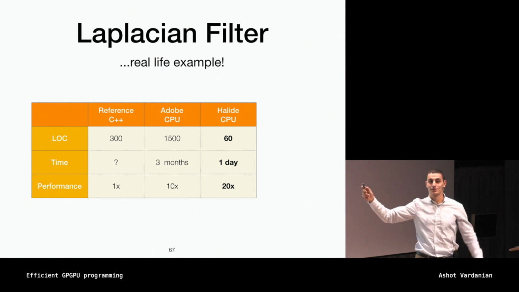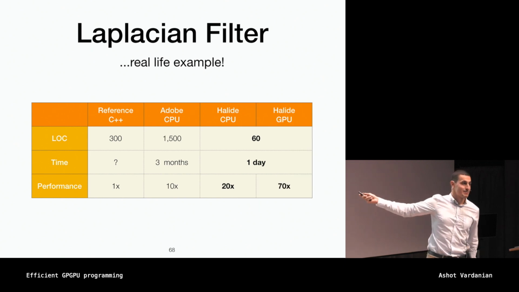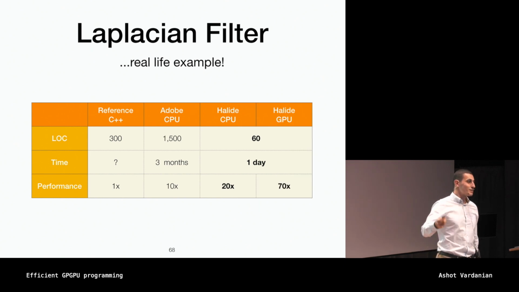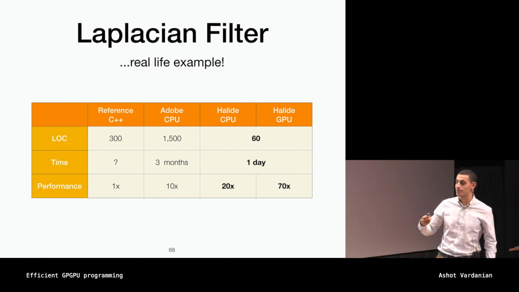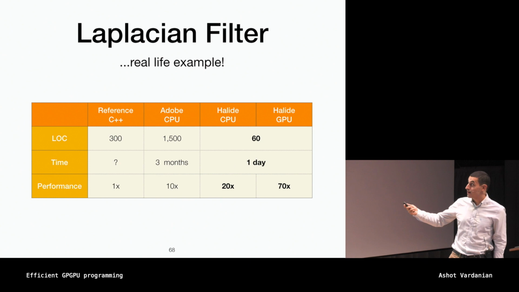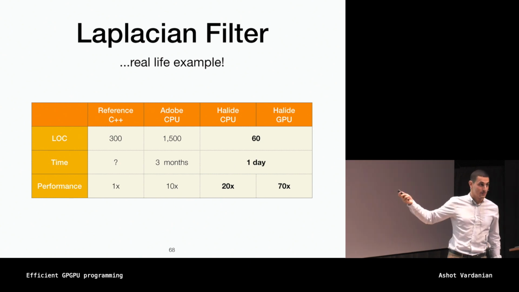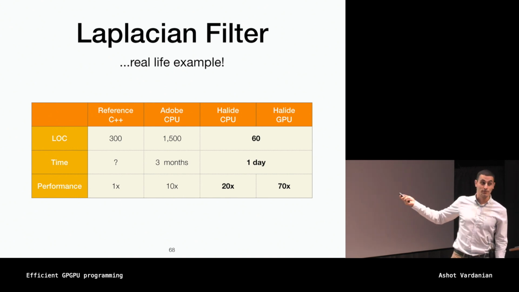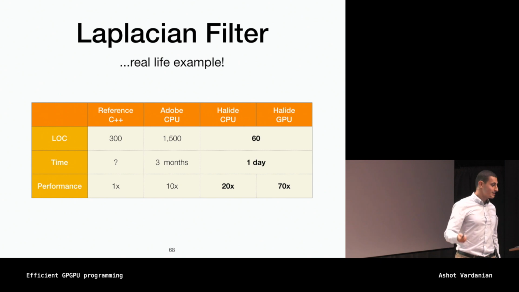And here's the best part, just wait for it. The same code runs on GPU. The C++ implementation was SIMD specific, so CPU specific. This one is generic. You write it once, it runs 2 times faster than the optimized version on the CPU, and it's 7 times faster on the GPU. I guess it's a win-win.